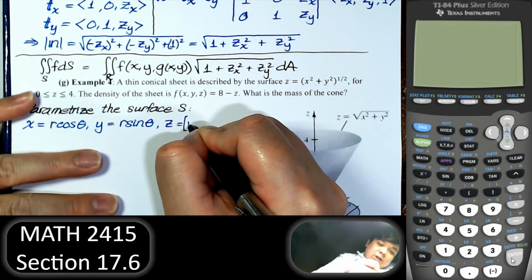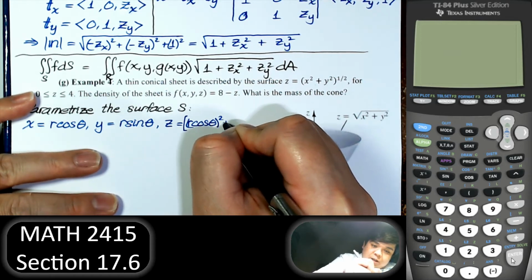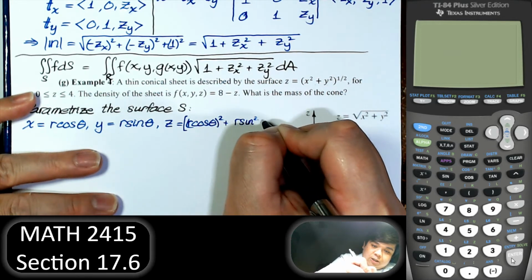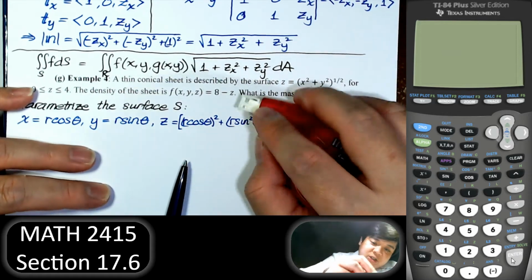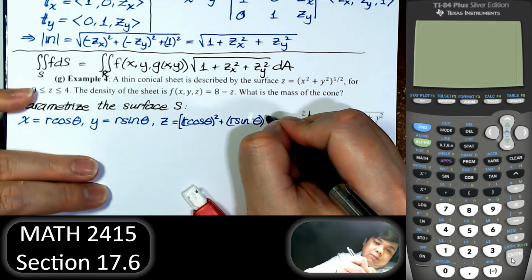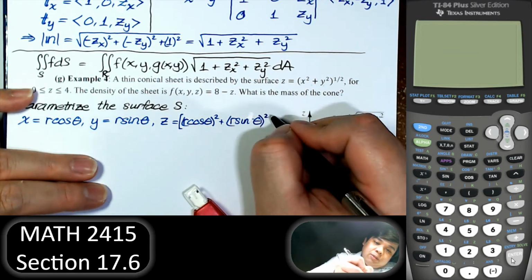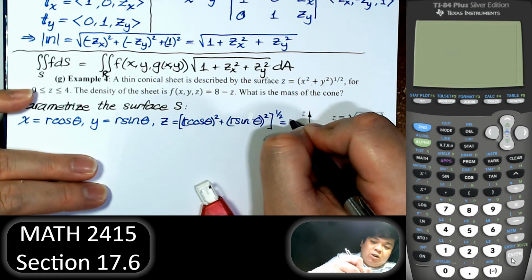So r cosine squared plus r sine squared, with the square on the outside, to the one-half. That gives us r squared to the 1/2, so just r.